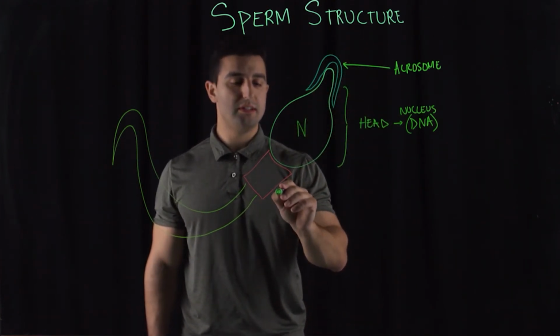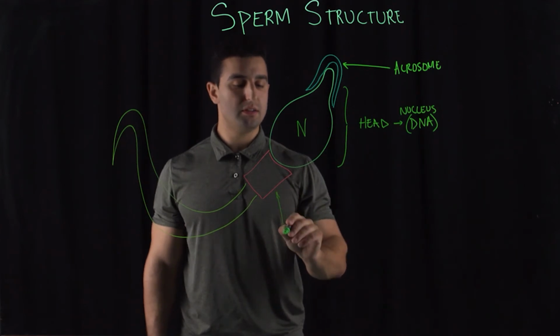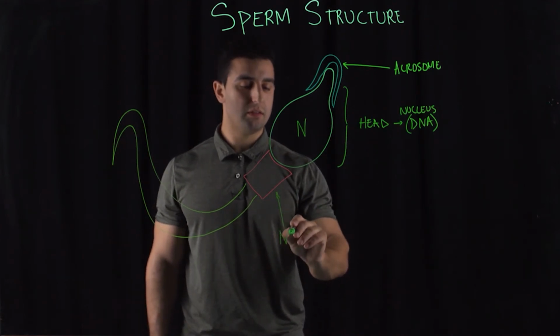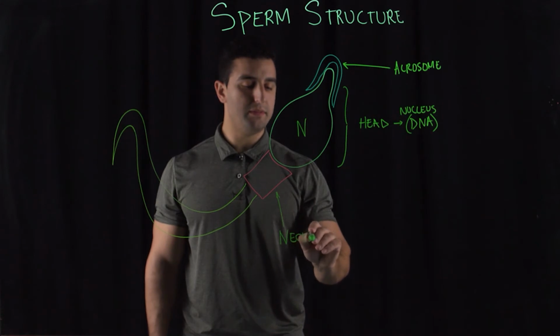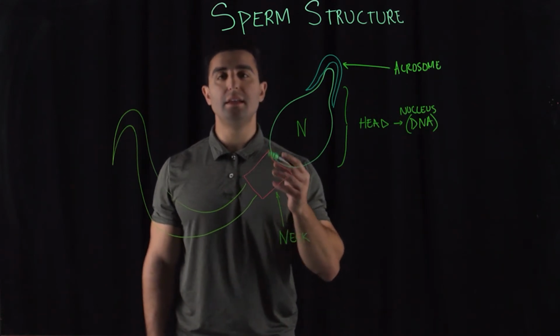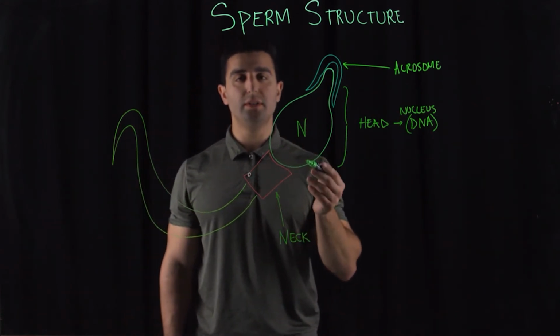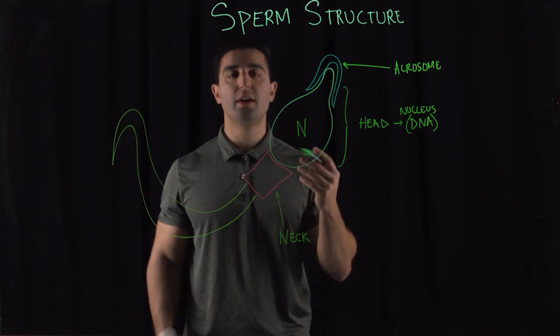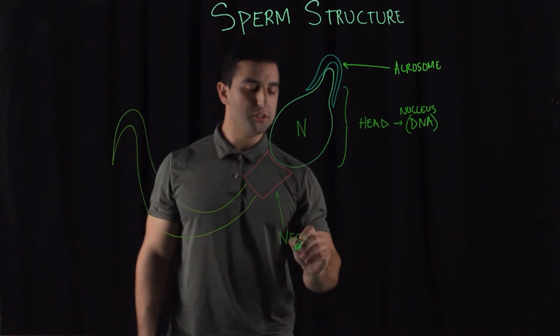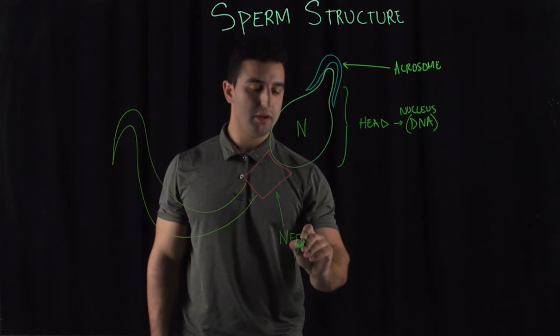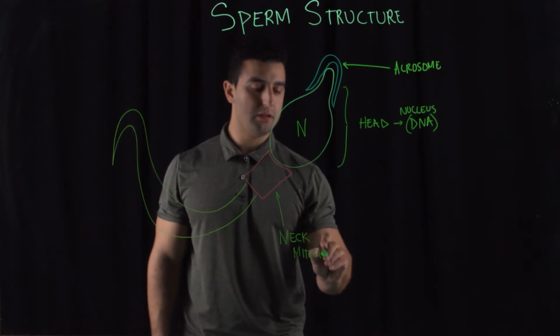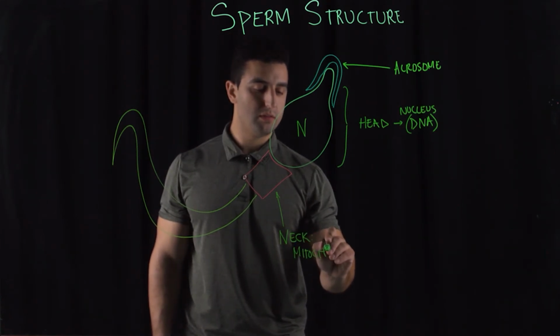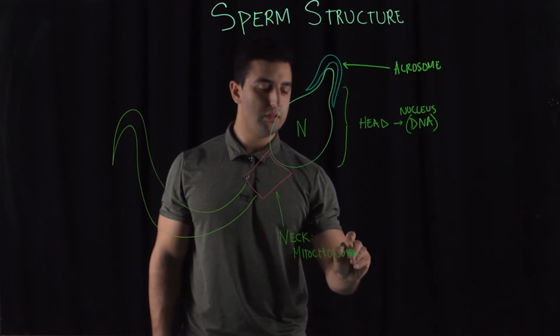Now, this next structure here is called the neck. The next main function is that it has the majority of the centrioles. So if you remember, centrioles are for division, and also mitochondria. So they have mitochondria here, and also the centrioles.